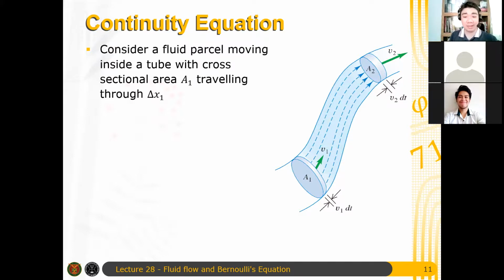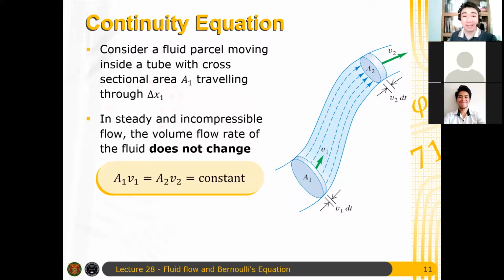So the point here is, in steady and incompressible flow, meaning no change in density inside that fluid, the volume flow rate of the fluid does not change, and therefore the product of the area and velocity at one point in the flow is equal to the product of area and velocity at another point in the flow, and that's constant. Again, the condition here is that your fluid should be ideal, and the flow incompressible.